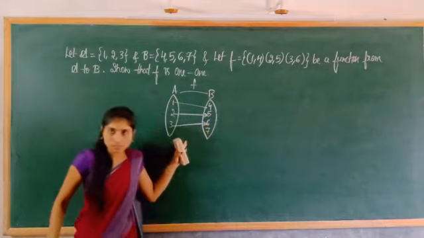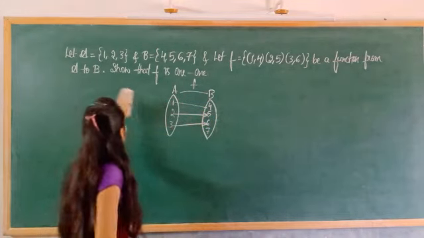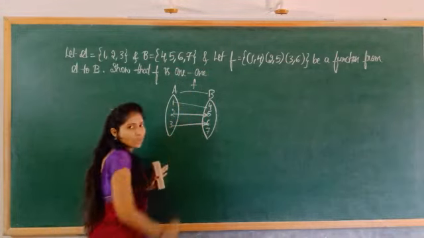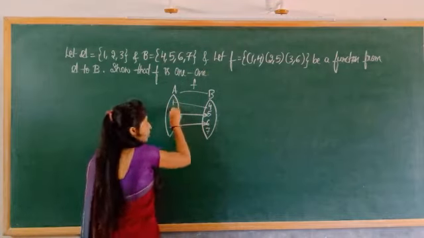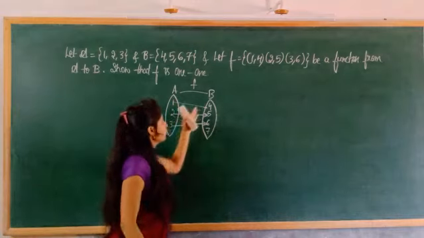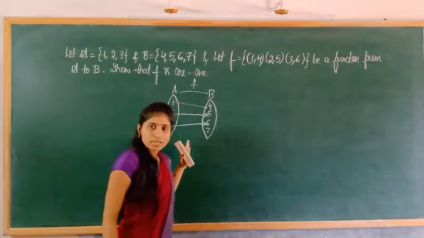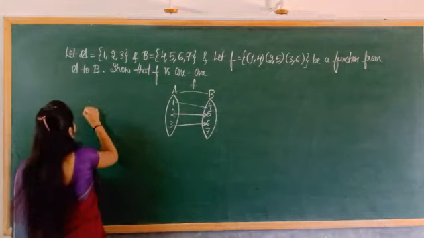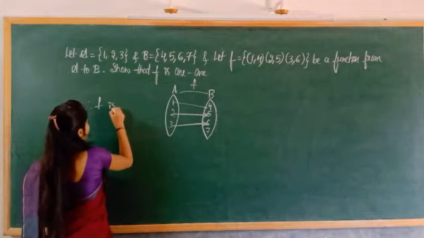This is our function. Right? We have to show that f is 1-1. See here. Of course, it is 1-1 because all the elements of set A have some different or unique image in set B. This is a 1-1 function. So therefore, f is 1-1.